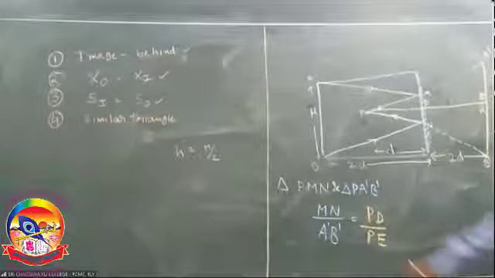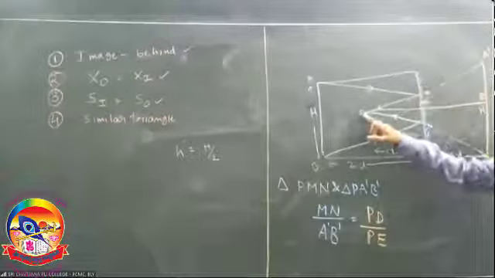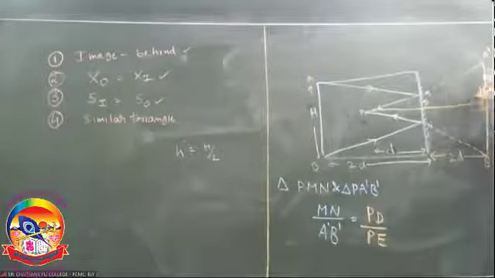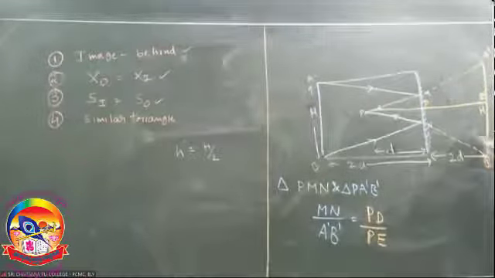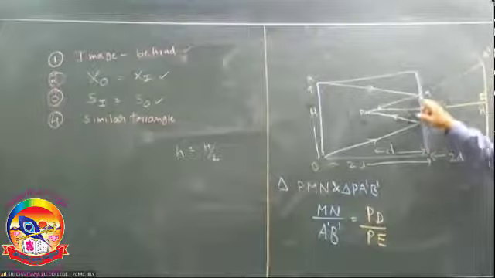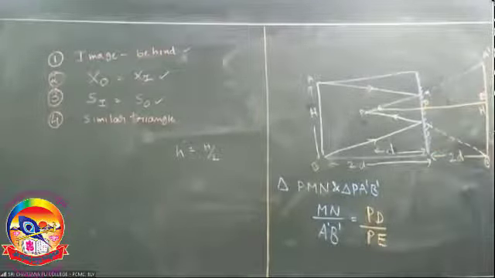PMN is one triangle, P A dash B dash is another triangle. They are similar triangles, with the same line. This angle is equal to this angle, and this angle to this angle. They must be the same.